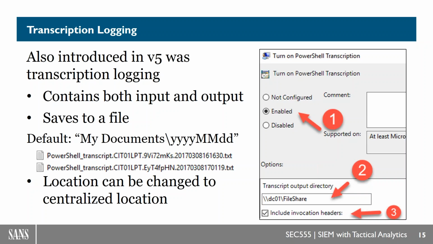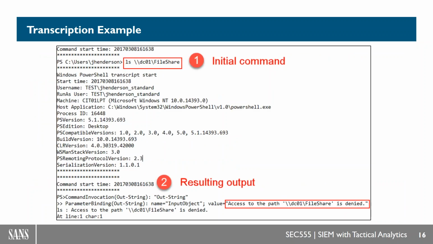Now, again, within the tool here, you enable it, and then you can specify where to output that particular file. Okay, so it also says it defaults to My Documents with the year, month, day identifier. So we see that each day's log gets its own file. Now with transcription logging, you see the initial command.